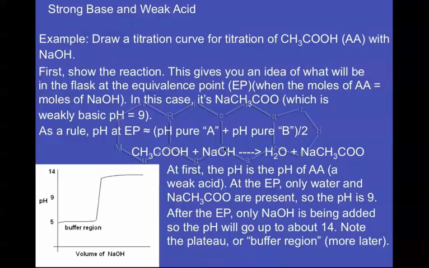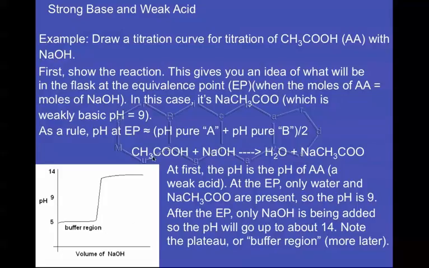Of course, we can reverse this situation now, and we can titrate the acetic acid with sodium hydroxide. I want to talk about buffer regions in a separate mini lecture, so hold off on how we're going to tell when a buffer region occurs and where it's going to occur.